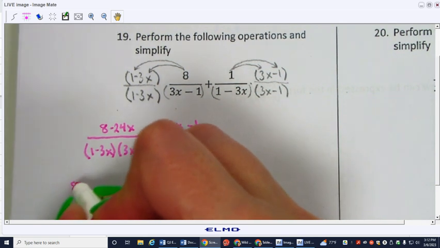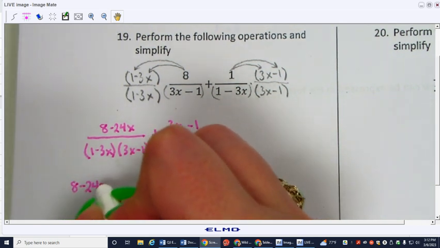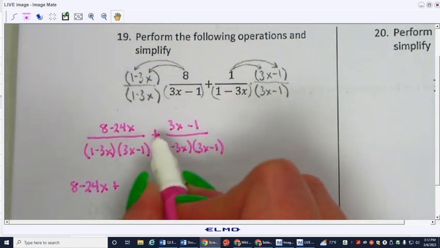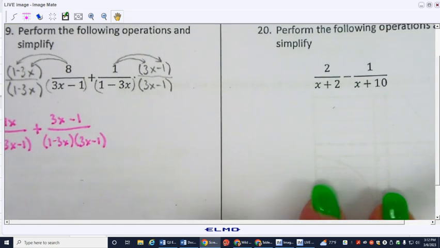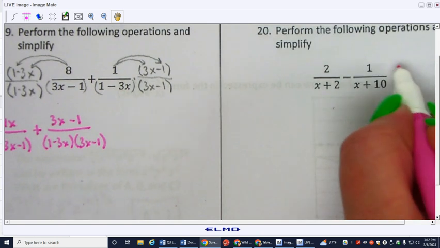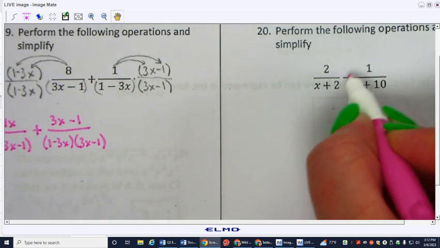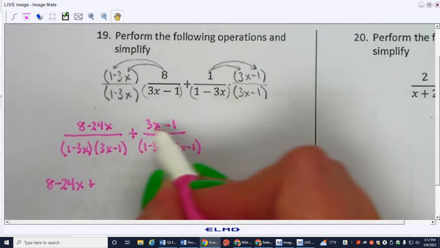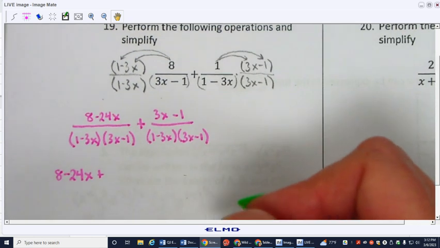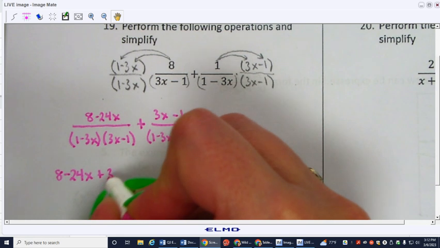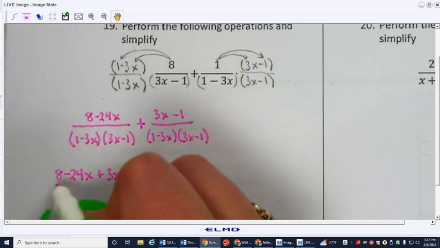So I can do 8 minus 24x plus, because I have a plus sign here, this stays exactly as it is, 3x minus 1. But if you notice on number 20, I have a minus sign. So whatever you end up with here, you'll have to distribute that minus. It's going to change the sign on both of them. So don't forget that when you're working number 20.